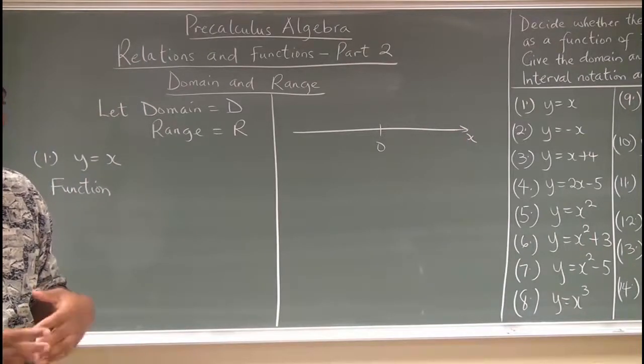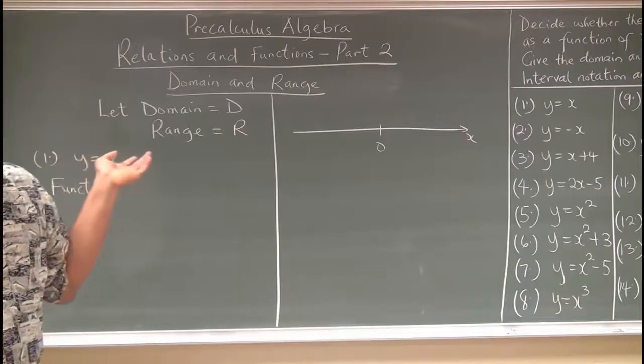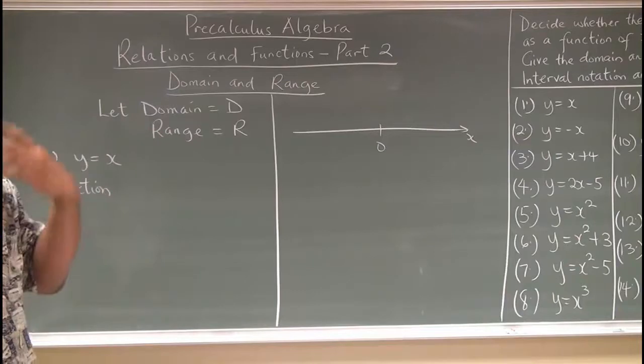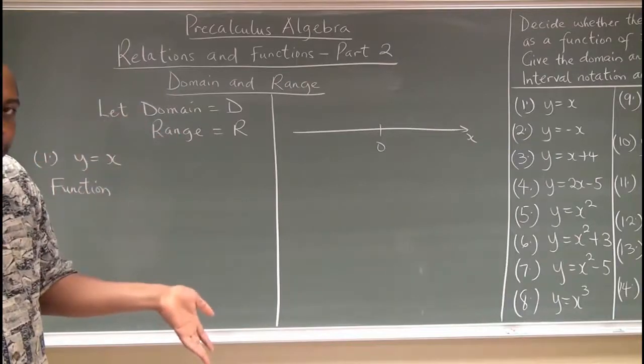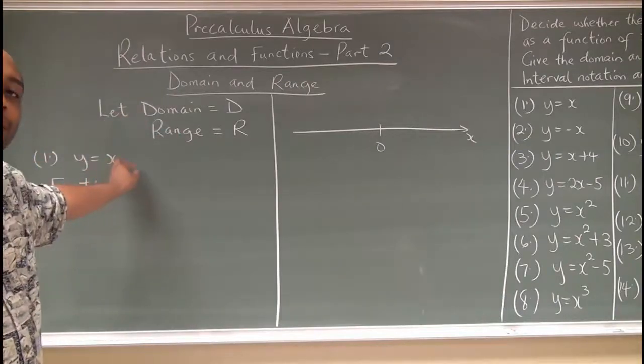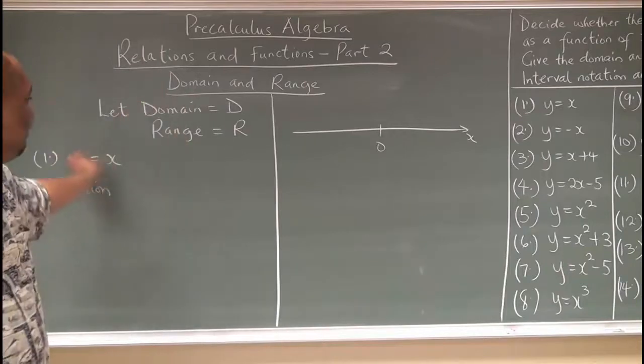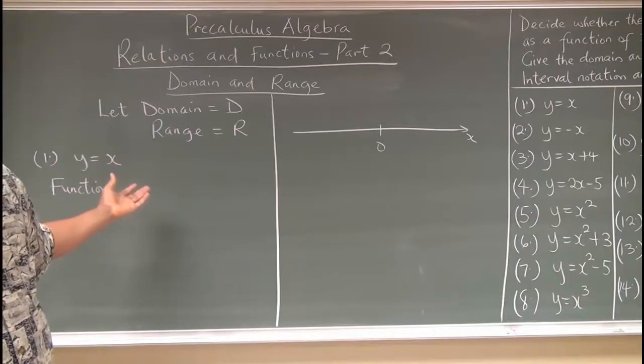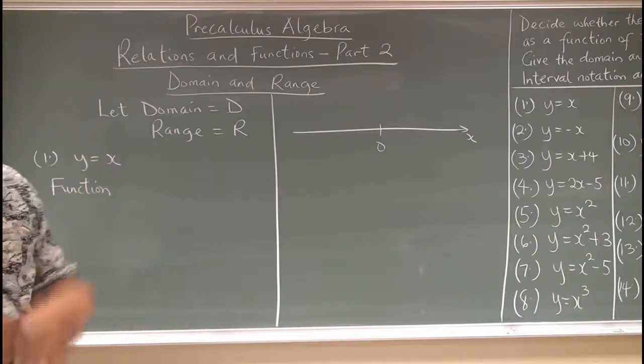Okay? And x can be any number. So all the numbers that you can input for it to have an output is the domain. So x can be any real number.